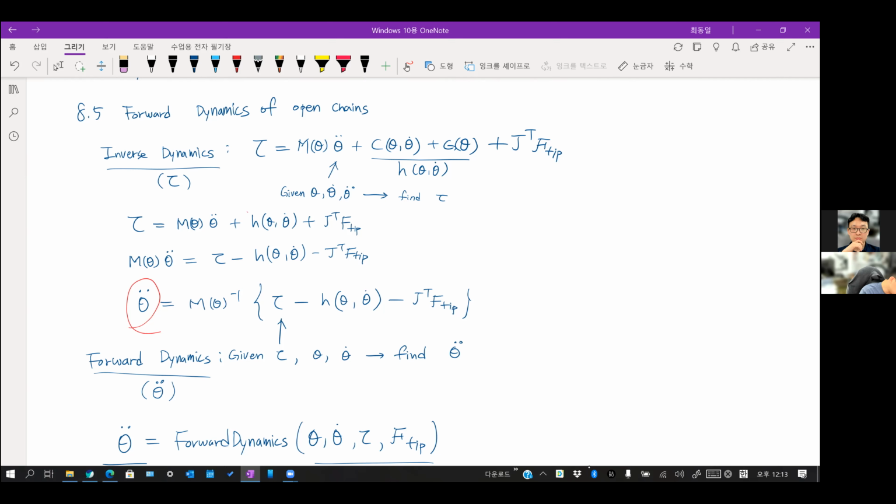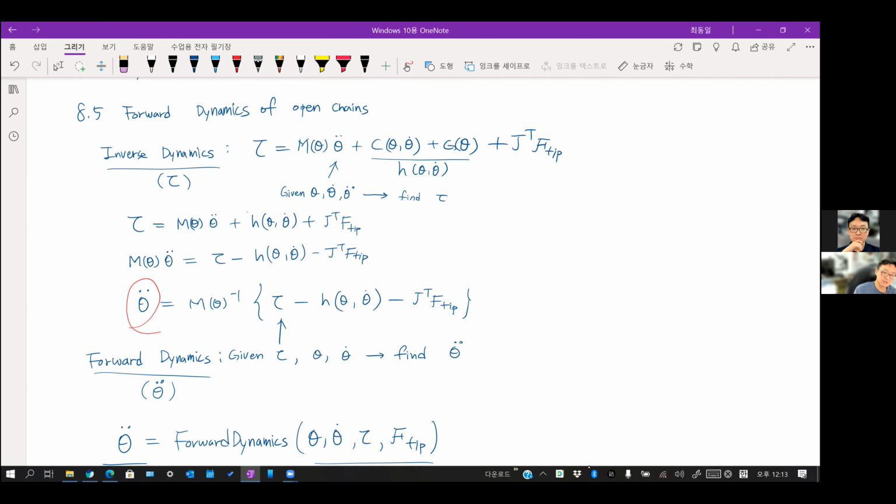In this equation, we have to know the torque and the environmental spatial force applied to the tip. So using this information, torque, theta, theta dot, we can calculate theta double dot. This concept is forward dynamics.